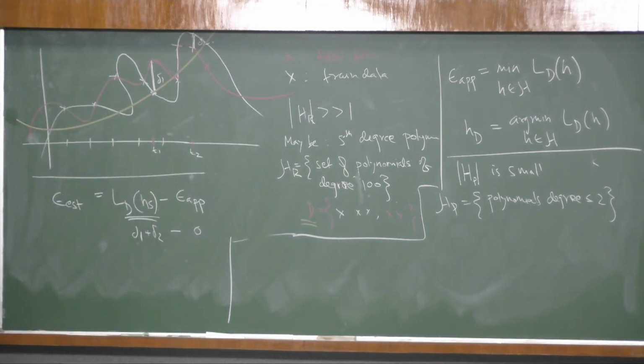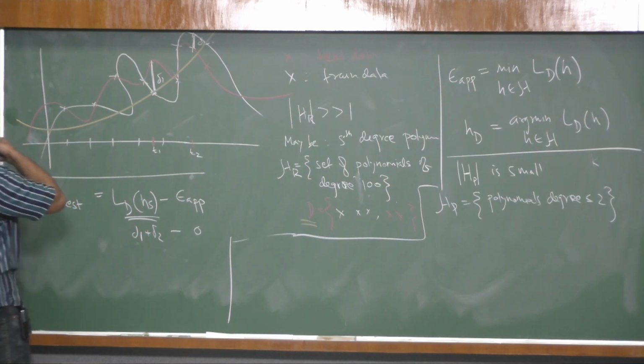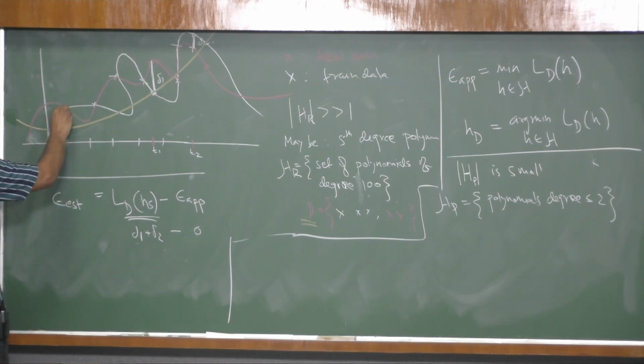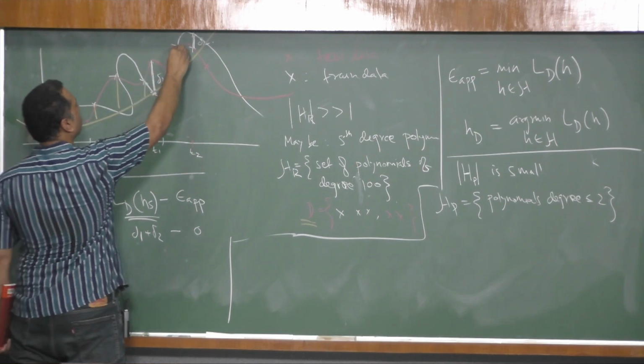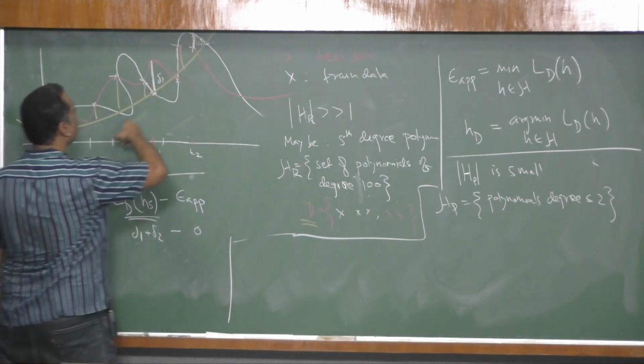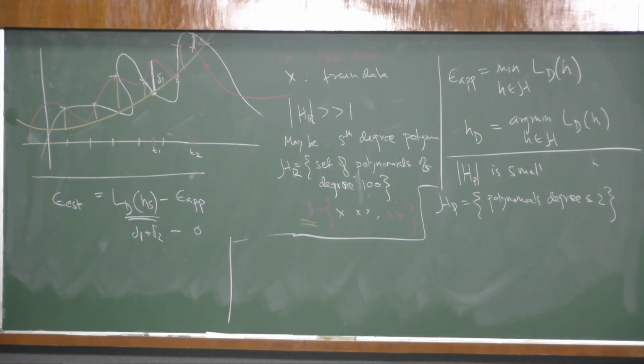So this is the best you could do, and this is certainly not good, because I made a lot of error here and a lot of error here. It is happening because H is restricted to degree 2. So the quadratic can do at best this. So the approximation error may be high, because if the data was already quadratic, then that's a special case, and it fits directly.